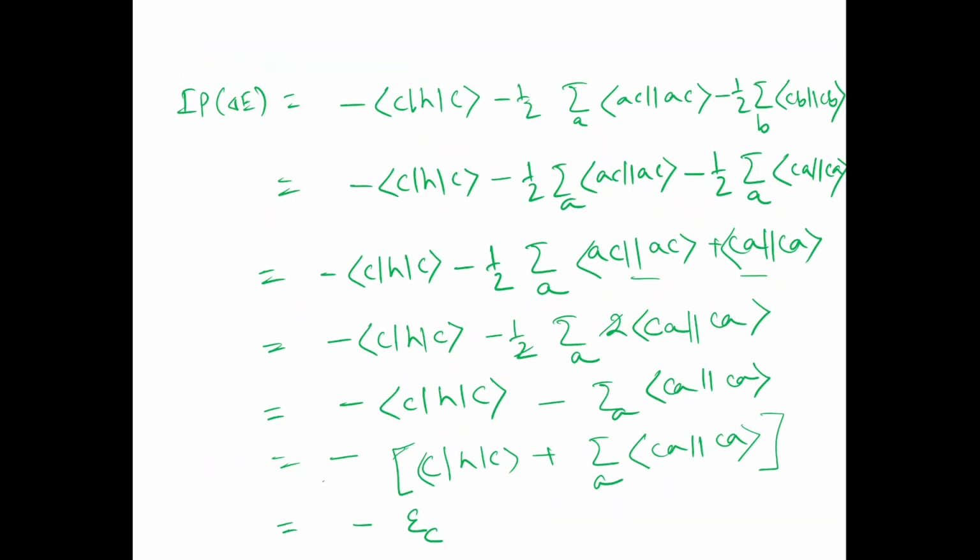So now see, this EC actually tells you the energy you require to put one electron in the C orbital. So now let's say you have n minus 1 electrons. So now your C orbital is in the virtual space.